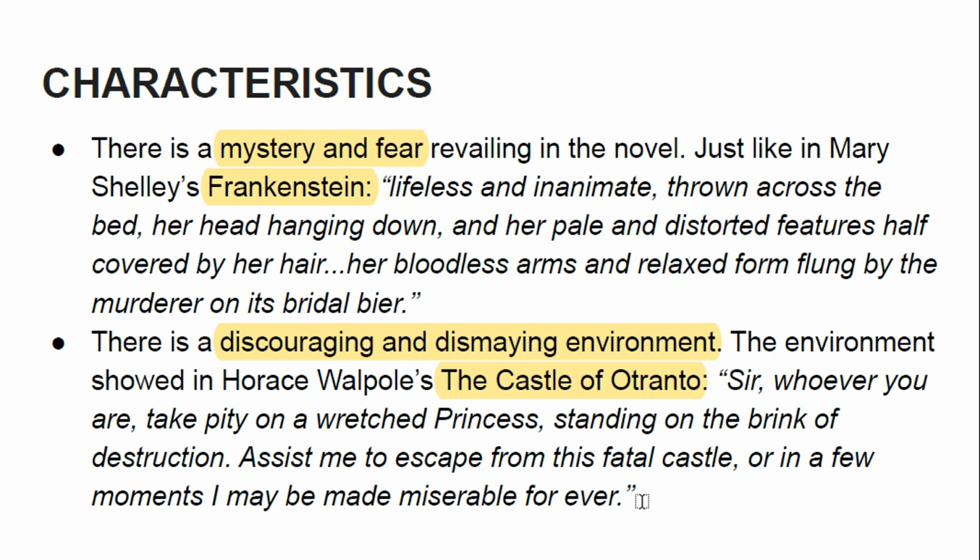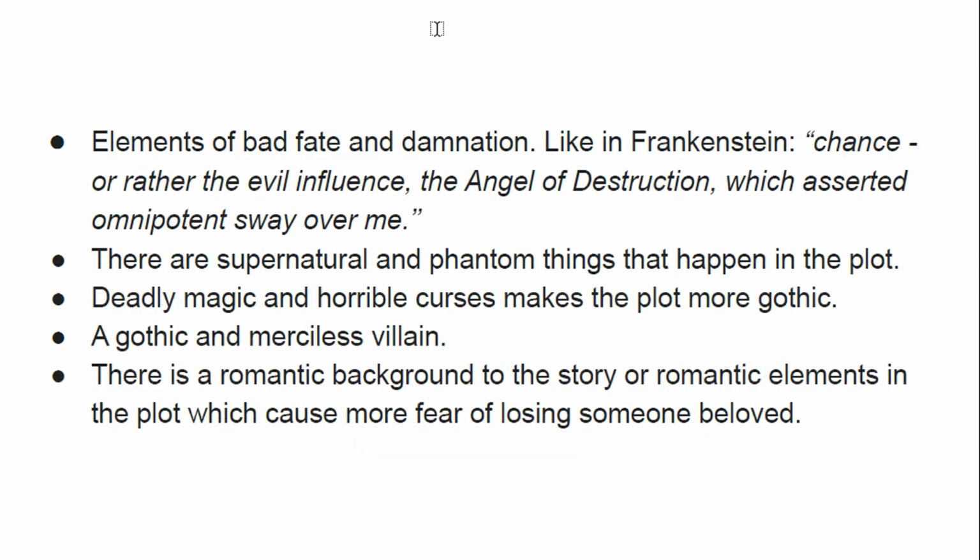Next are elements of bad fate and damnation, like in Frankenstein, the angel of destruction and evil influence. Then come supernatural and phantom things that happen in the plot. Deadly magic and horrible curses make the plot more and more Gothic. Then comes the Gothic and merciless villain. There is a romantic background or romantic elements to the plot which cause more fear of losing someone beloved.